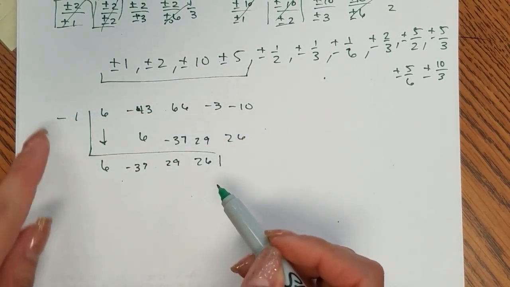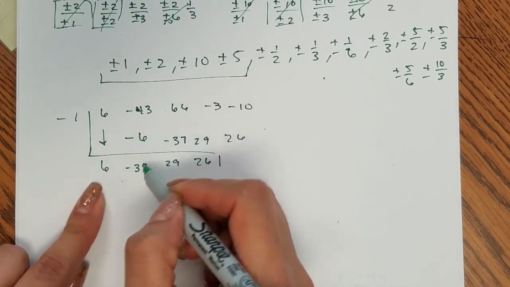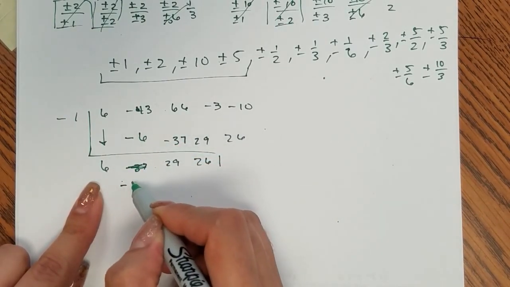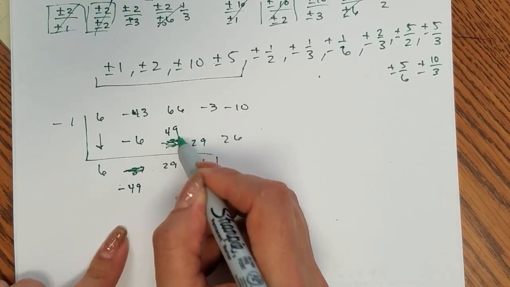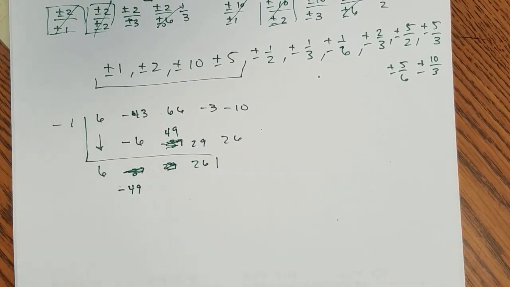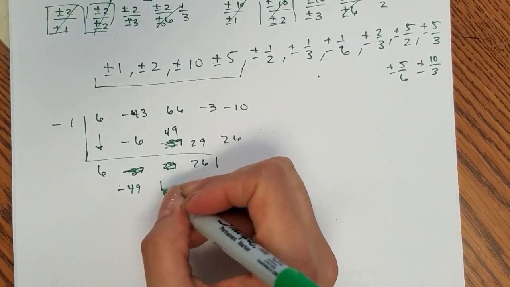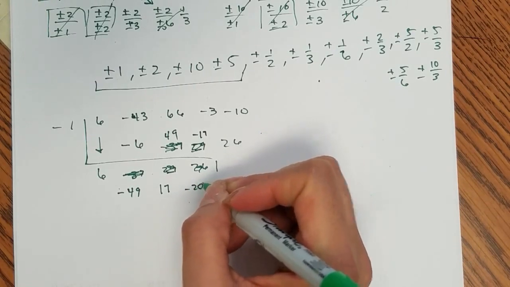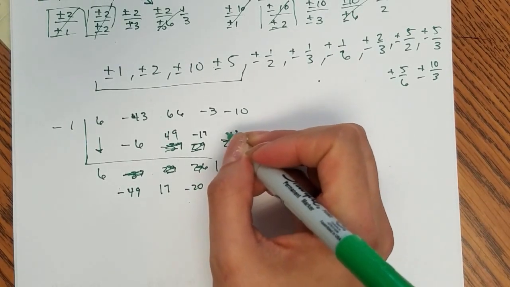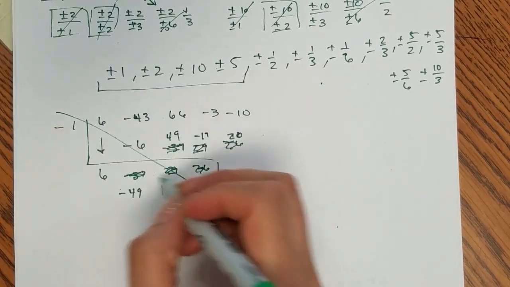So now we try negative 1. Negative 1 times 6 is negative 6. That's going to give you negative 49, which gives you positive 49. I'm going to give you 17 here, which is going to give you negative 17, negative 20, positive 20, which is a remainder. So 1 is out.